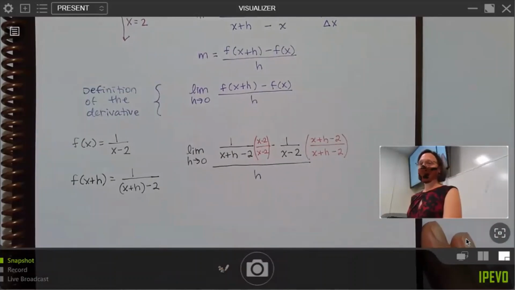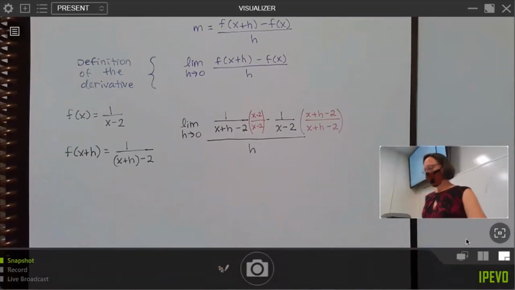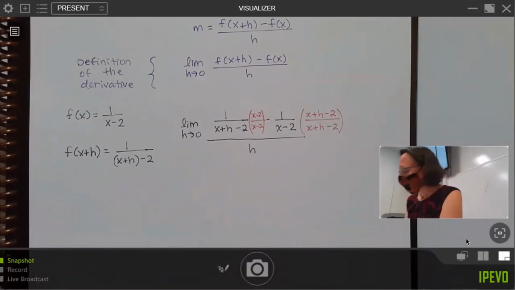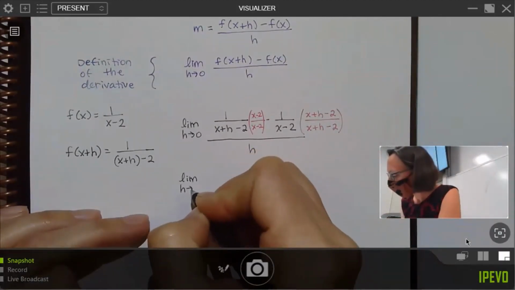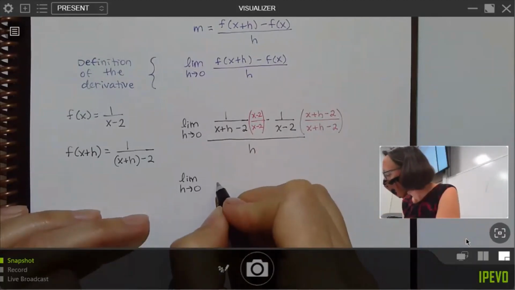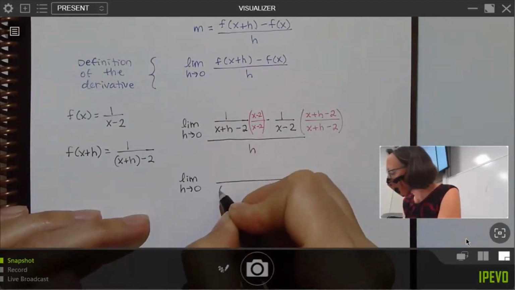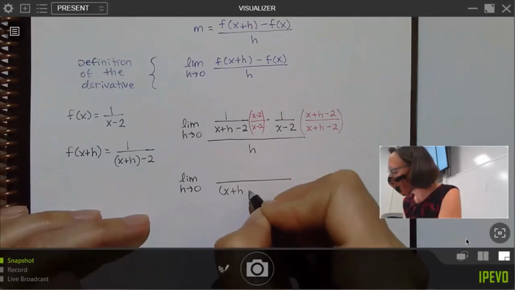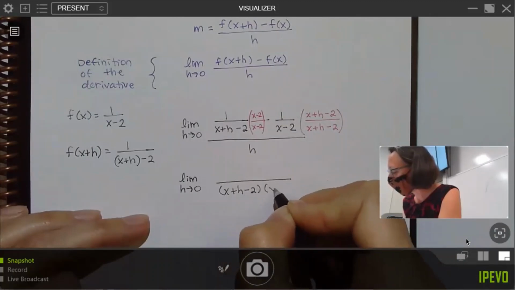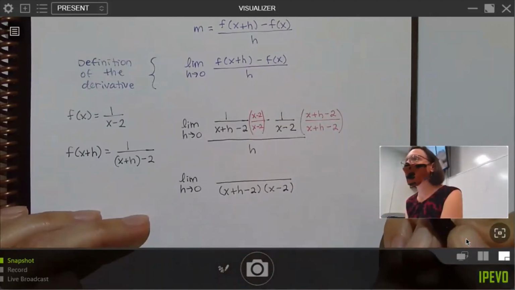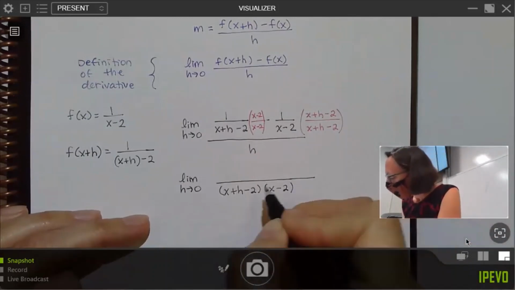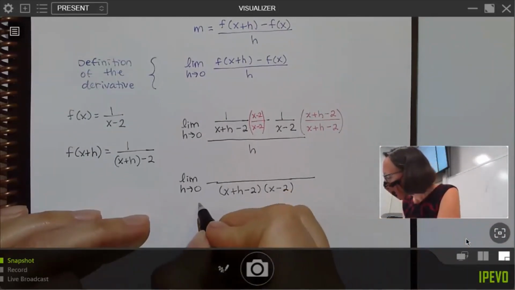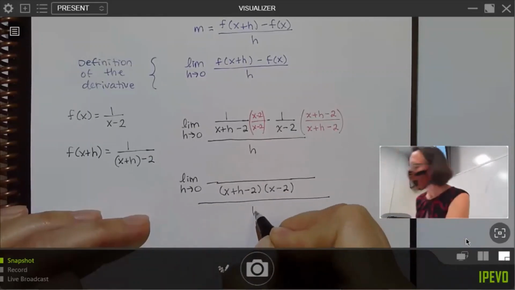I am definitely going to need a little more space here, but I'm going to try. In my denominator, the whole point was to get this common denominator that looks like x plus h minus 2 times x minus 2. And then this whole thing was divided by h.